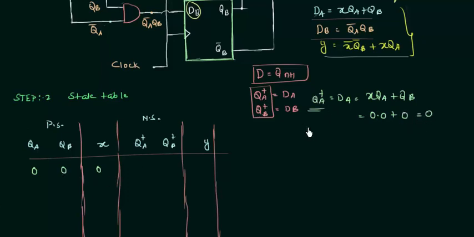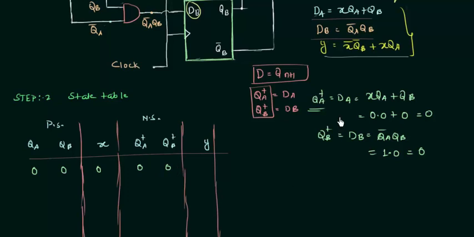The value of QA plus is 0, so I will put 0 here. Similarly, QB plus is equal to DB, and it is equal to QA complement and QB. QA complement means 0's complement, it is 1, and QB is 0 already, so I'm having 0 as my next state value for the B flip-flop.